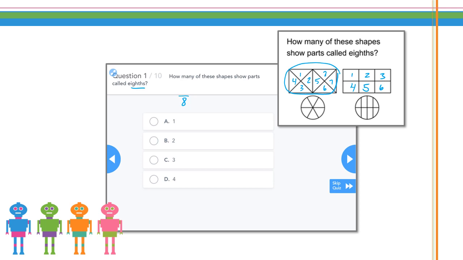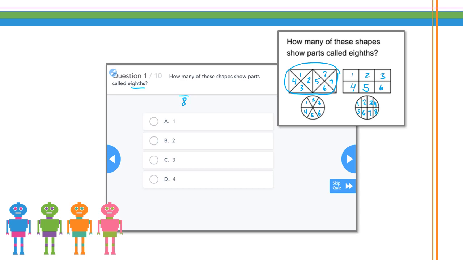The first circle on the left is broken up into 1, 2, 3, 4, 5, 6 equal parts. So it shows sixths. And then the last circle has 1, 2, 3, 4, 5, 6, 7, 8 parts.